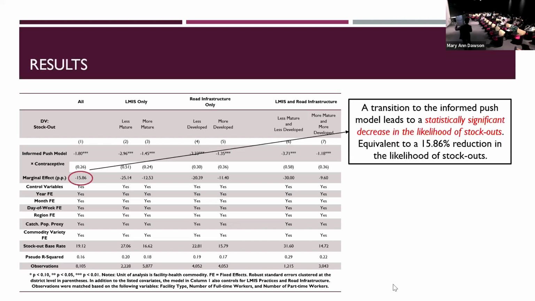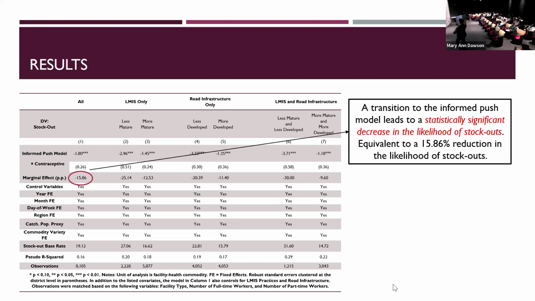When we look at the full sample, what we see is that a transition to the informed push model led to a significant decrease in the likelihood of stockouts. In terms of effect sizes, this is about a 16% reduction in the likelihood of stockouts on average at last mile facilities. This is a pretty significant improvement.